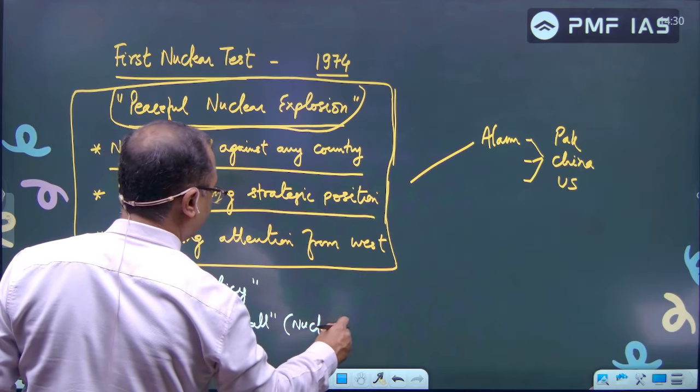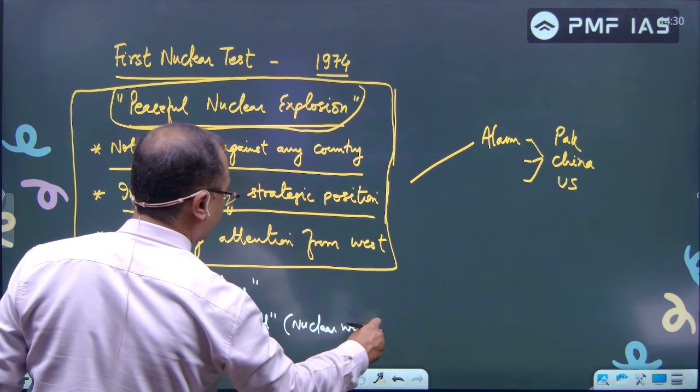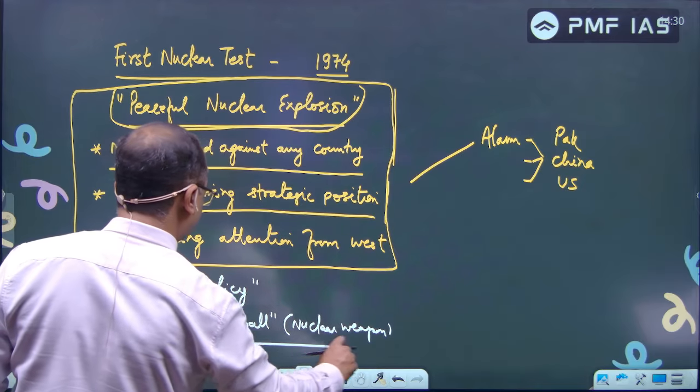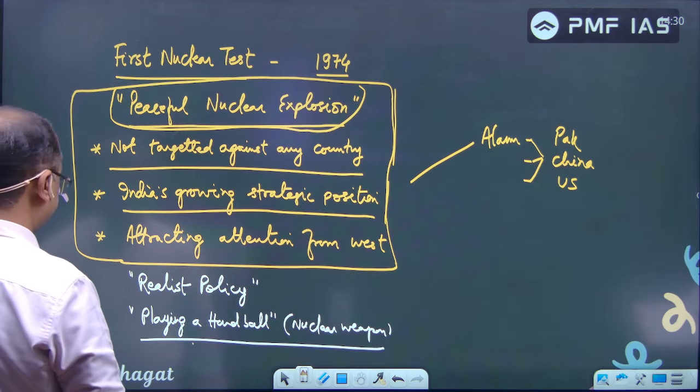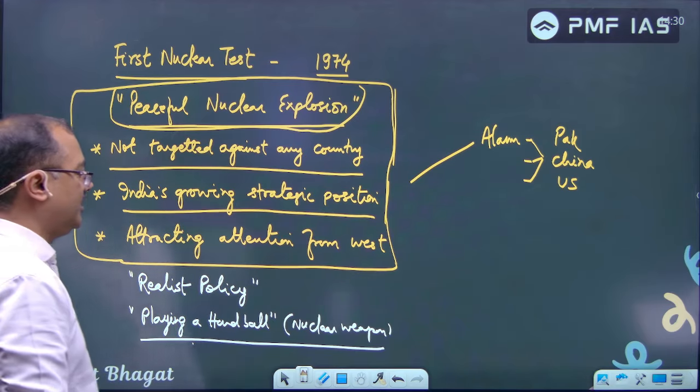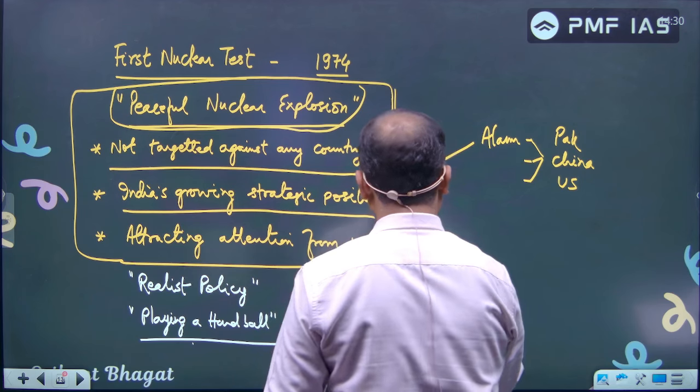Nuclear weapon: Nehru was against this, Indira was in favor of this. Number 2: image makeover.